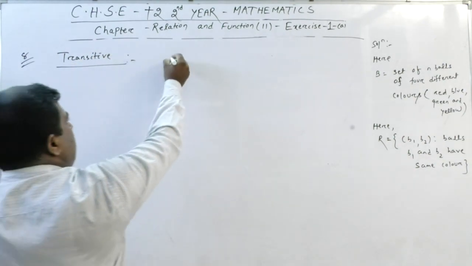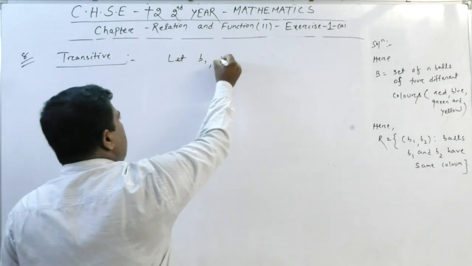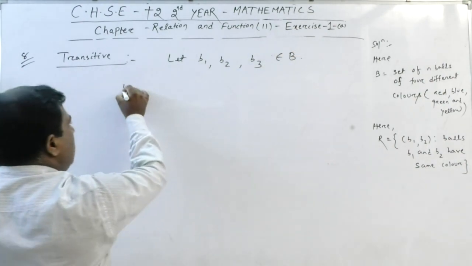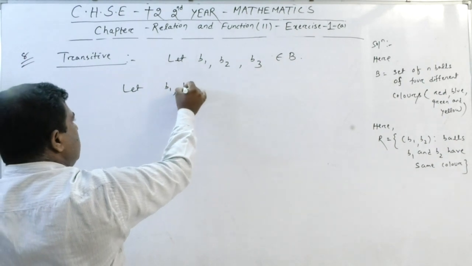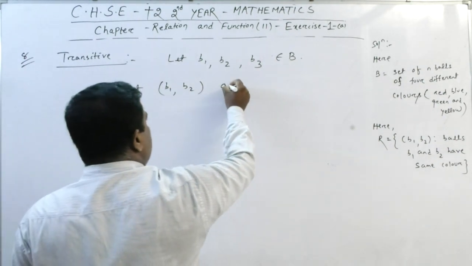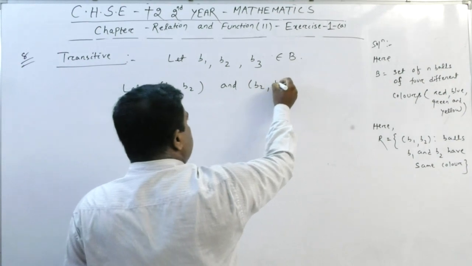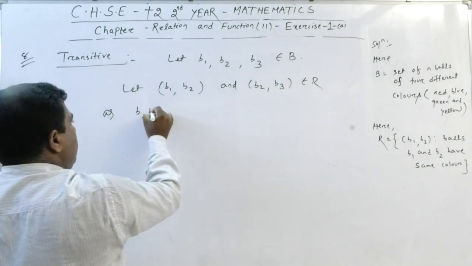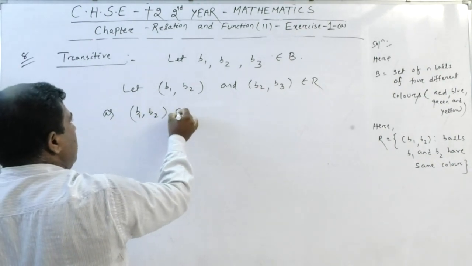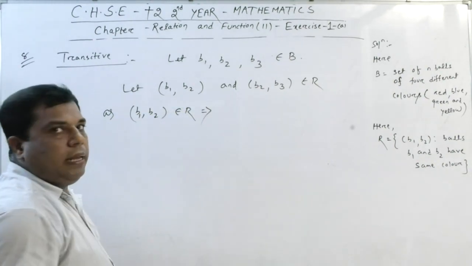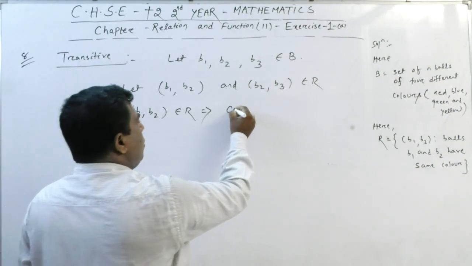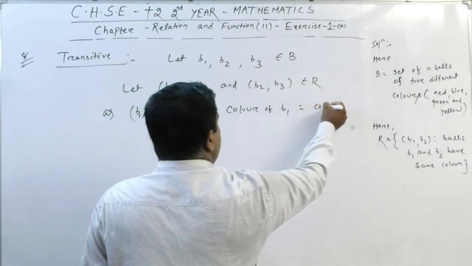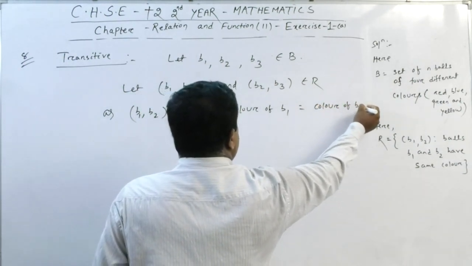For it, what do we do? Let B1, B2, B3, three balls we take belonging to set B. Let (B1, B2) and (B2, B3) belong to R. As (B1, B2) belongs to R, it implies the color of B1 is equal to the color of B2.